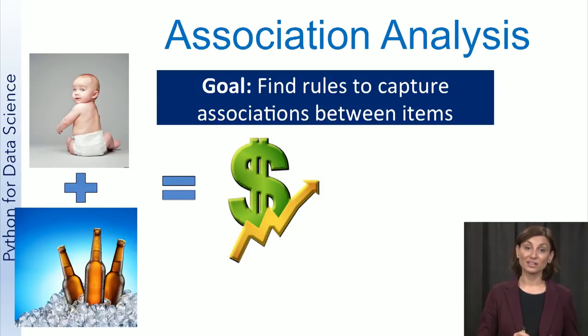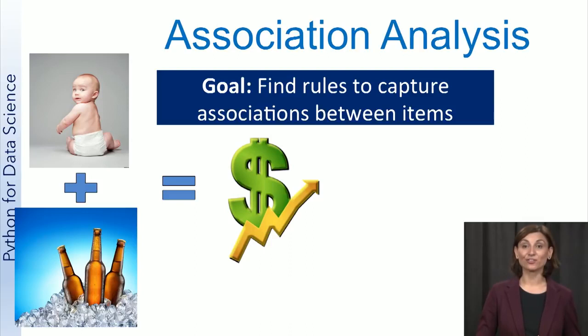For example, association analysis can reveal that banking customers who have certificate of deposit accounts, shortly CDs, also tend to be interested in other investment vehicles, such as money market accounts. This information can be used for cross-selling. If you advertise money market accounts to your customers with CDs, they are likely to open such an account.